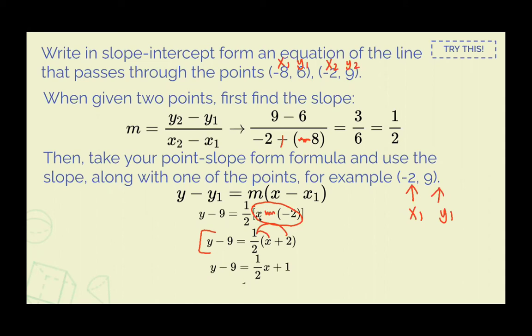And now that you've eliminated your parentheses, isolate y by adding 9 to both sides and combine like terms. 1 and 9 both don't have a variable, so they are constants. And you're left with your slope-intercept equation, which is y equals 1/2 x plus 10.